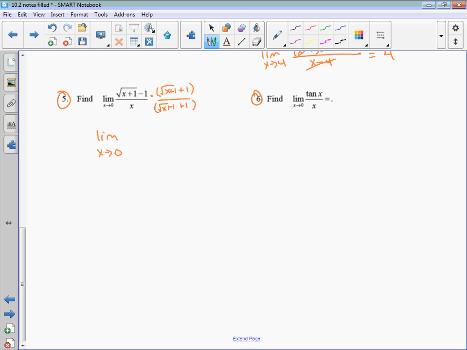X, and then eventually 1, yes. So I can cross those out, which leaves a 1. And then when I plug the 0 in, 1/2 is my answer at the end. Are we okay with that? So the conjugate ones aren't that bad, right?